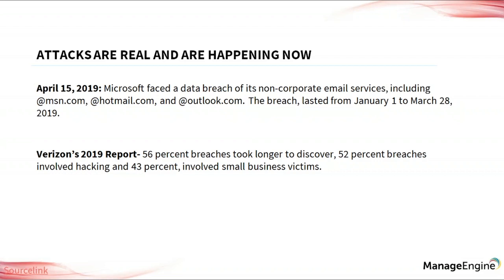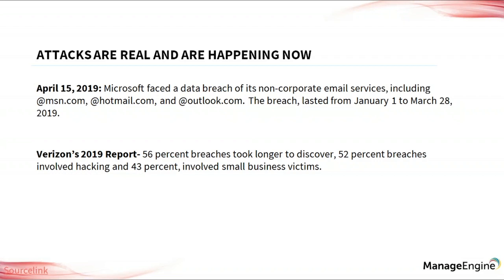Because have a look, on April 15, 2019, Microsoft was subject to a data breach, right? And this breach basically happened where a hacker got access to a support personnel's credentials, right? And the hacker was in the network for a period of 6 months, right? Please note the time. The hacker was in the network for 6 months and Microsoft didn't have a clue, right?